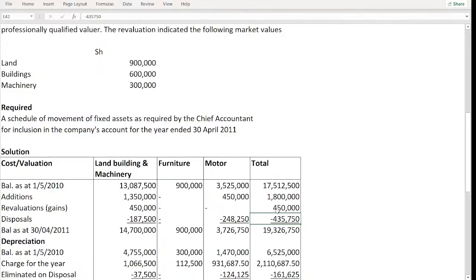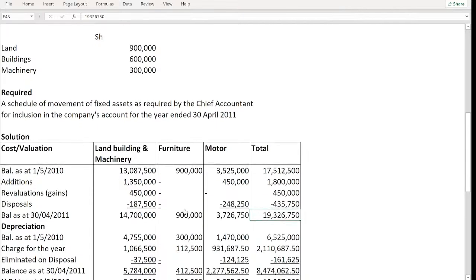So we also have to get their totals. So the balance at 30 April 2011 will be 14,700,000. Here you have 9,300,000, 7,026,750 as well as the total of 19 million.